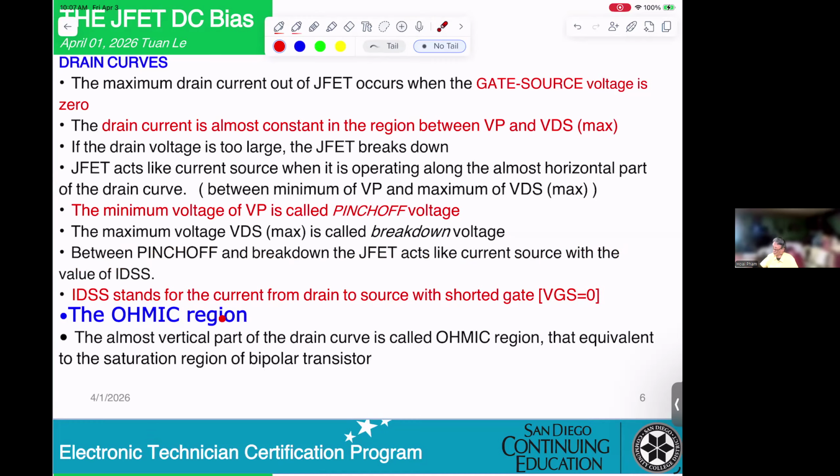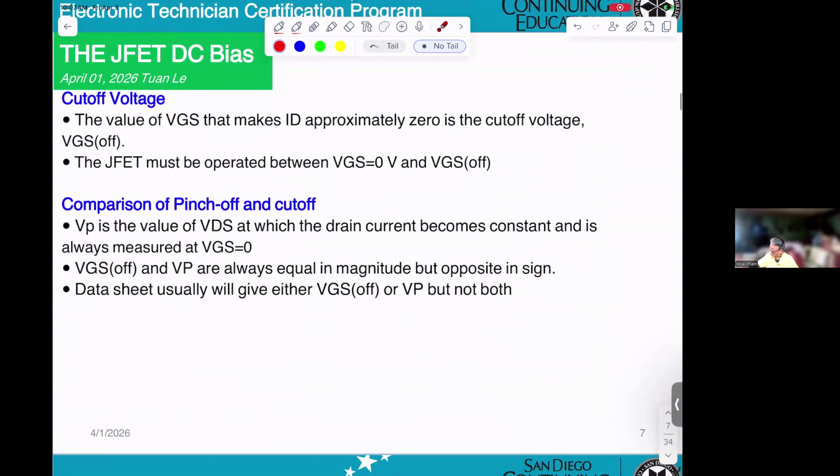The ohmic region, the almost vertical part of the drain curve, is equivalent to the saturation region in the bipolar transistor.